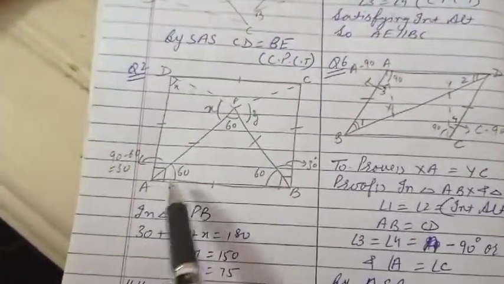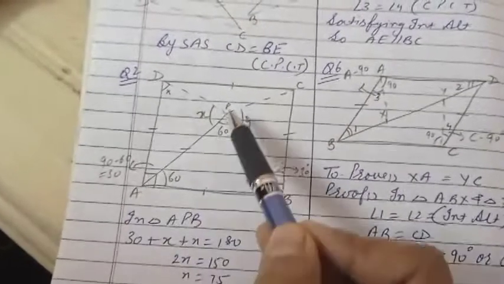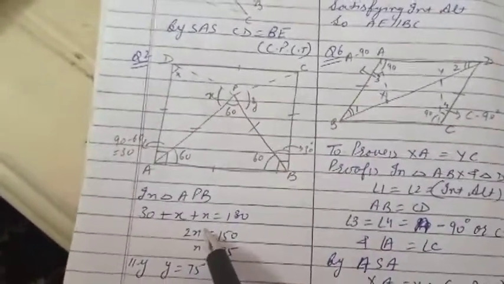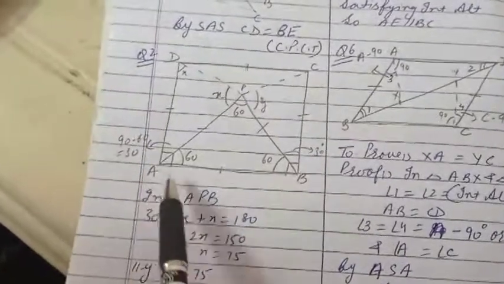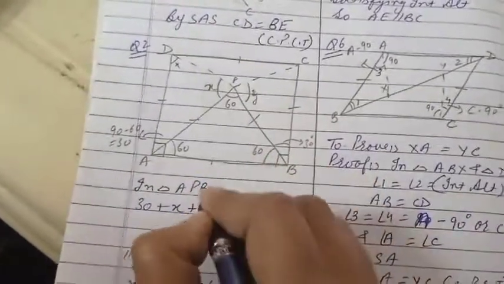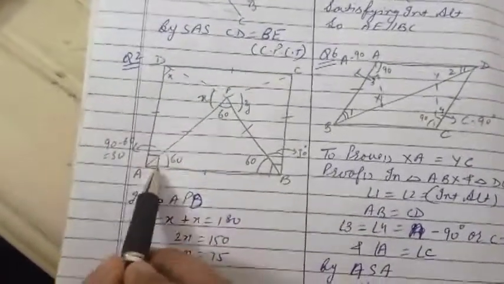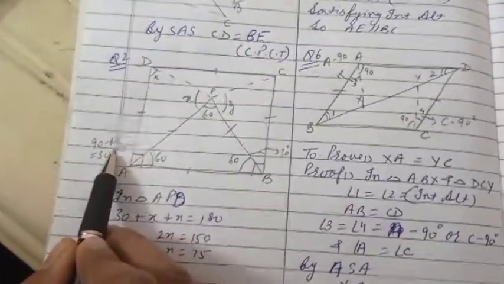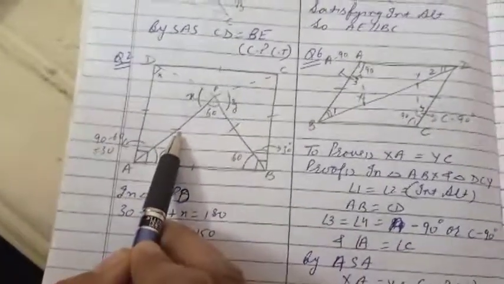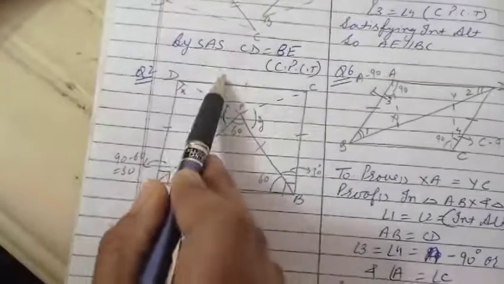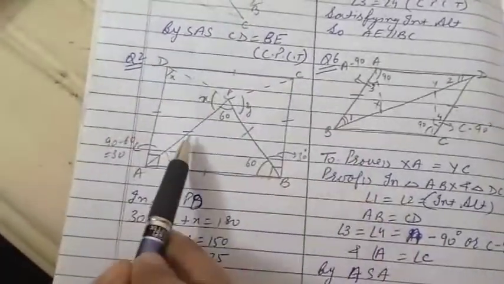In triangle APD, look here, this angle is 60, the whole is 90. So what will be this angle? It is 30. Since this is an equilateral triangle, all the sides are equal and this side is equal to the square's side. So all the sides will be equal to each other.